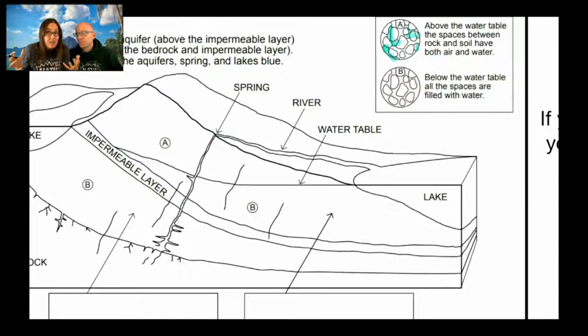That means all the spaces aren't filled with water. And if it's all the way saturated, then this is what we call the water table, the line between where we still have air and down here where it's all full of water. This is called the water table. That dividing line.